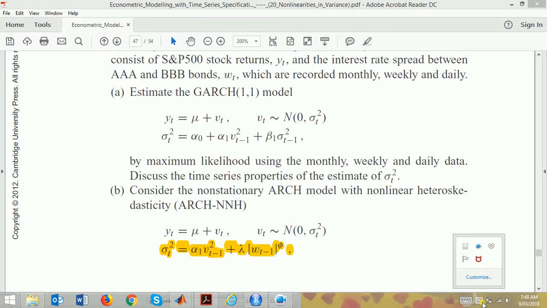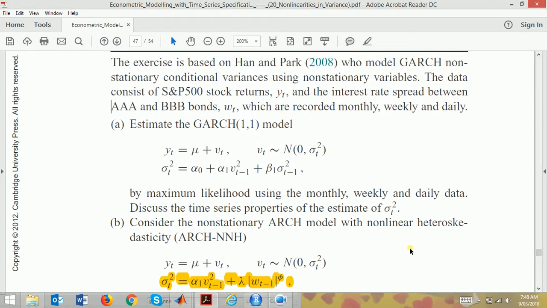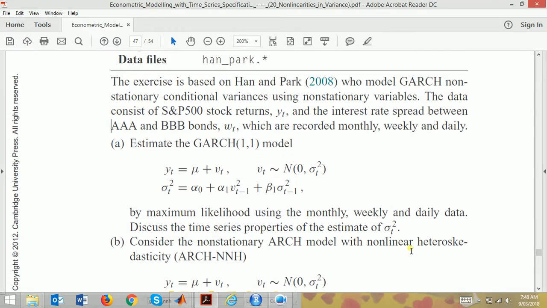So the importance of the example we are going to practice here is manifold. First of all, we're going to look into FIGARCH, not only IGARCH, which is the unit root GARCH, but FIGARCH actually generalizes our GARCH and IGARCH model, right?